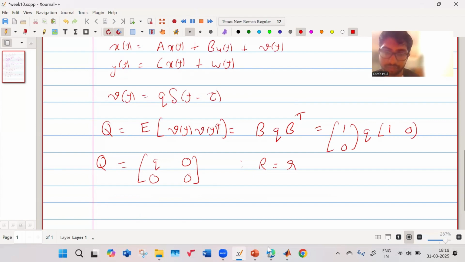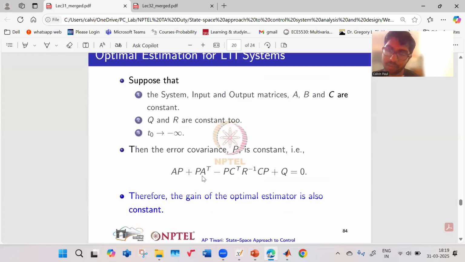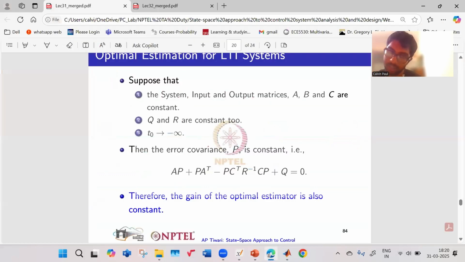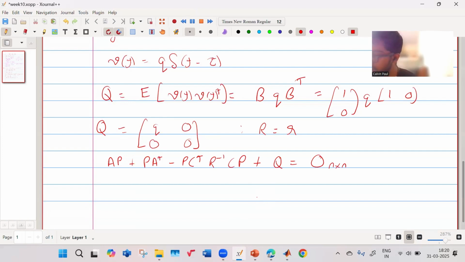We have to solve this equation: AP plus PA transpose minus PC transpose R inverse CP plus Q equals 0, which is N cross N. When we consider this matrix P, we define it as P11, P12, P12, P22.